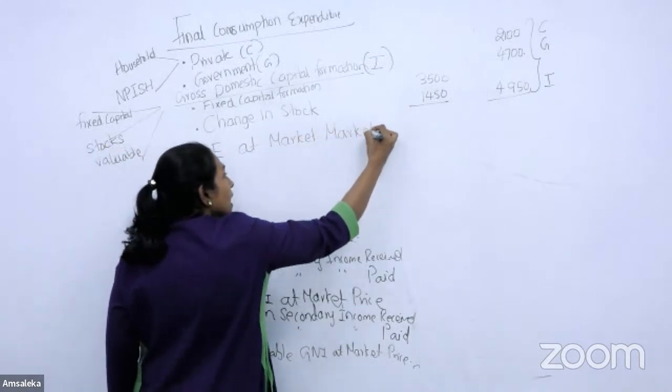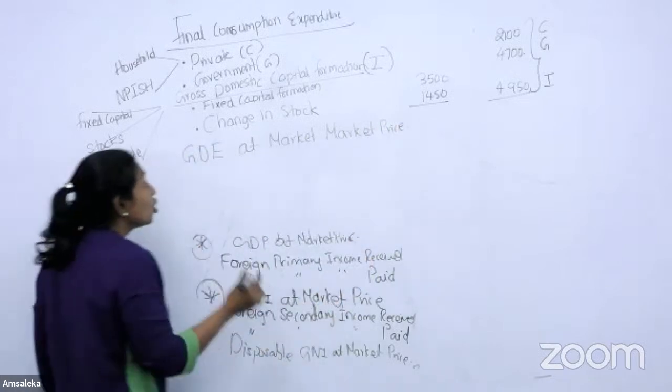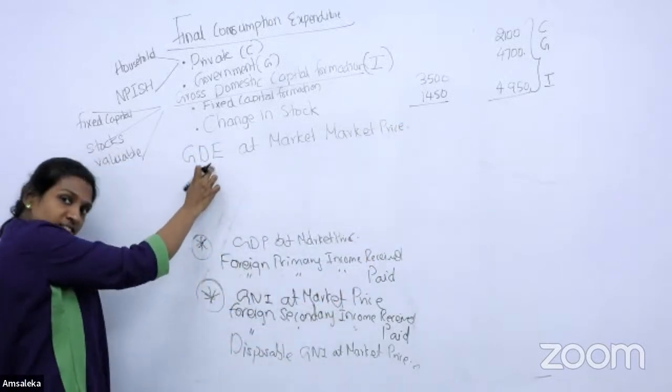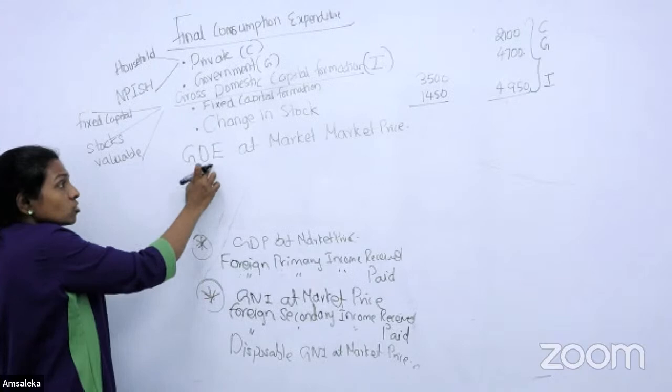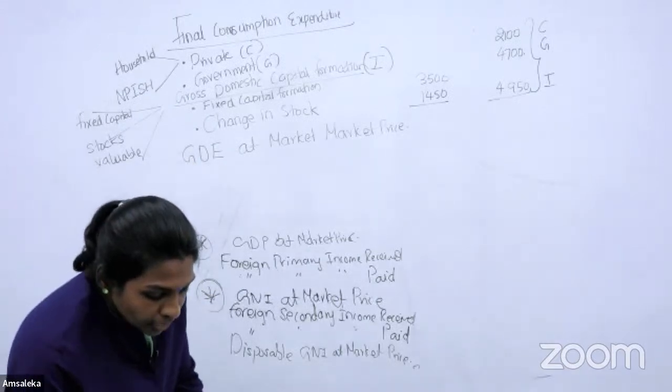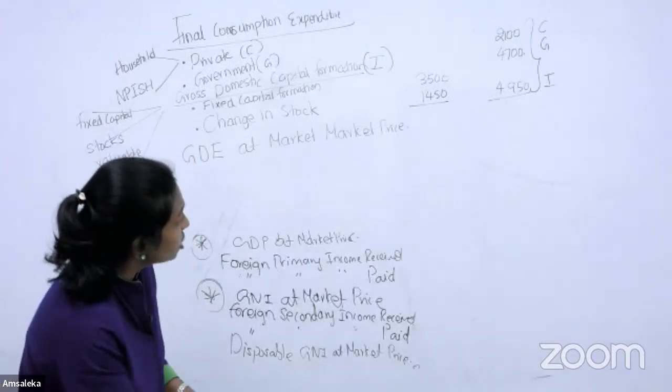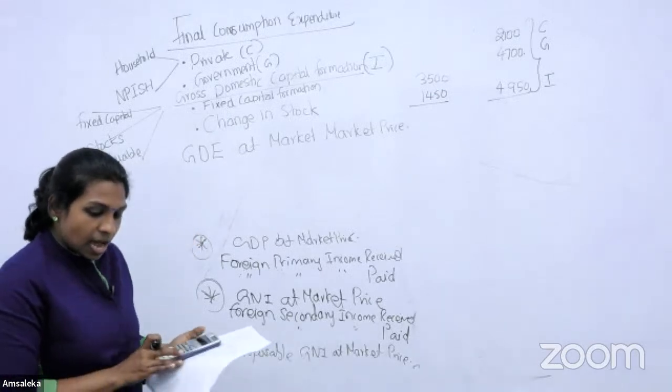So when you take the gross domestic expenditure, just add and see. What is the answer there?